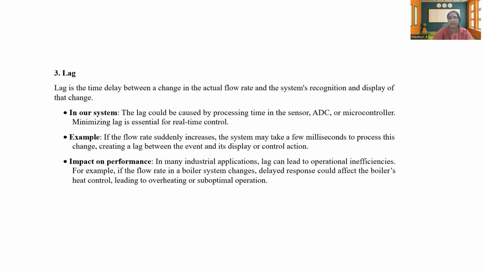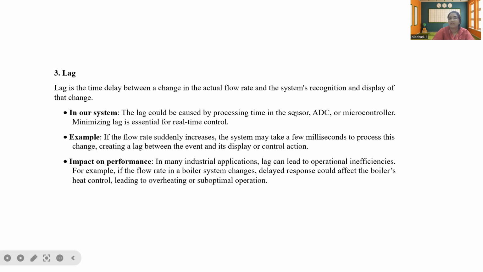Next comes the lag. What does lag actually mean? It's nothing but the time delay. Why does it occur? We are giving the signal to the processing unit, and before that we do the conversion. The microcontroller depends upon the input coming from the digital side.